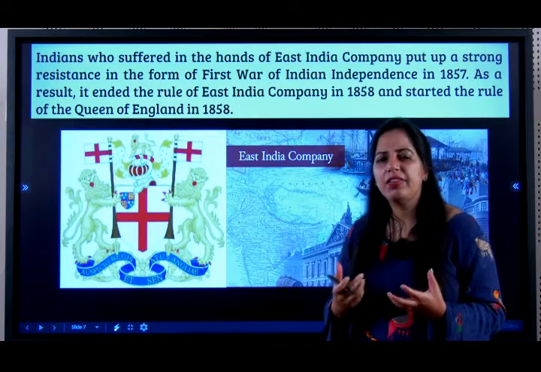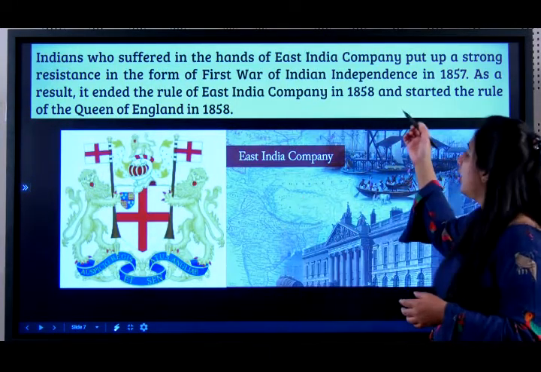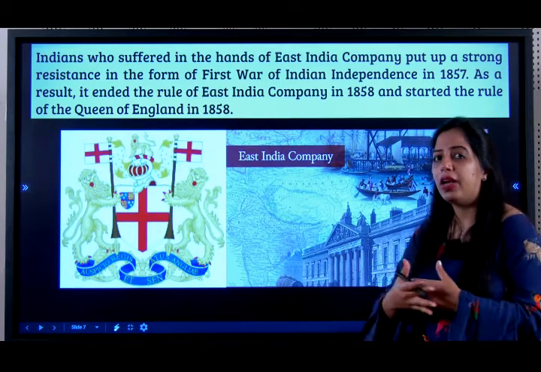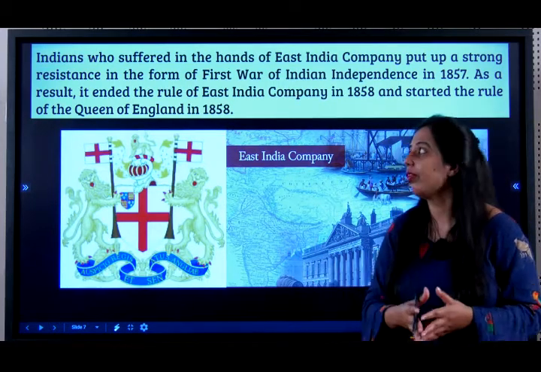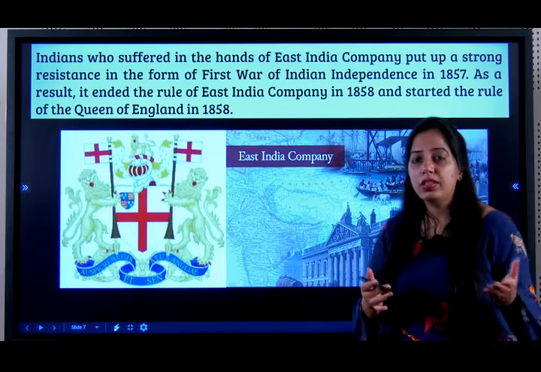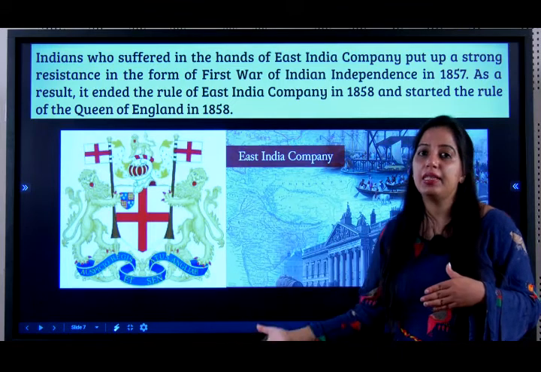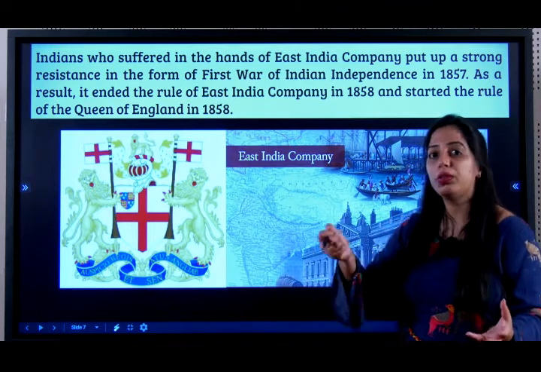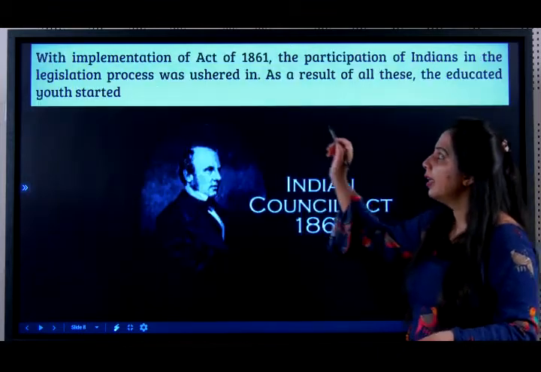Indians who were suffering at the hands of the British, especially the East India Company, all fought the first war of Indian independence. As a result of this, we already saw the rule of the English East India Company came to an end, and the British government took over the rule of India.